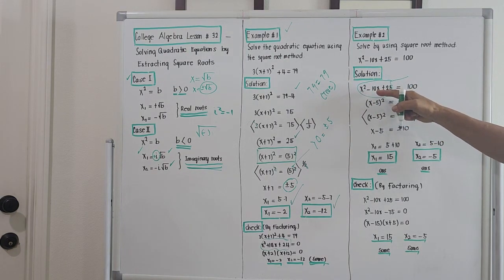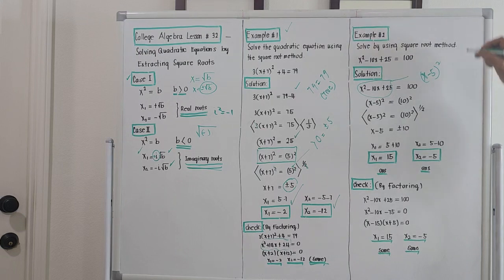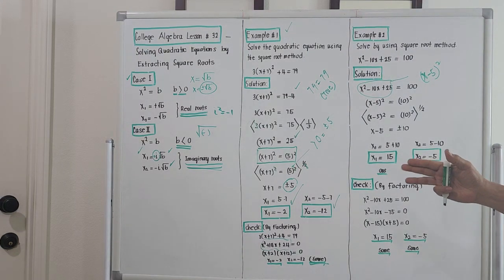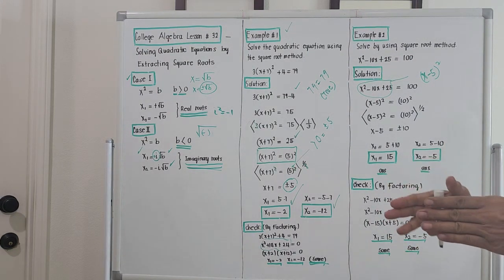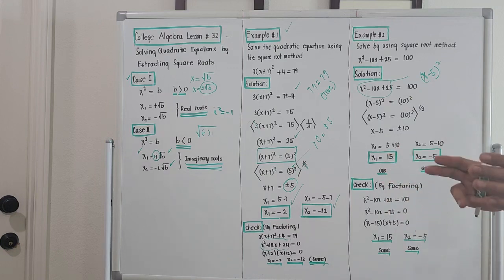Actually, x squared minus 10x plus 25 is a binomial, the expansion of the binomial x minus 5 quantity squared. That's why we pass by the so-called special products in factoring, right? You should know how to take the factor of a given quadratic equation.